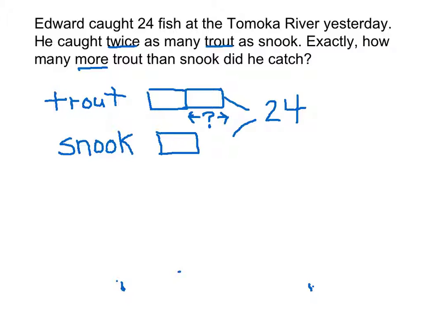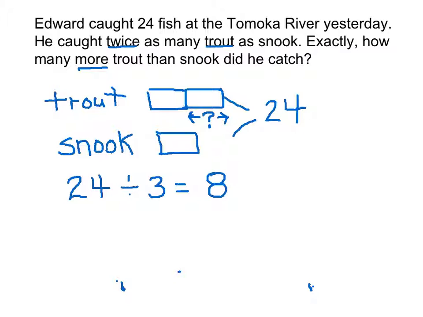Well, when I look at the drawing, I notice I have three equal boxes, and all together they make 24. So again, I'm going to split 24 into three equal parts. And that will be 8.